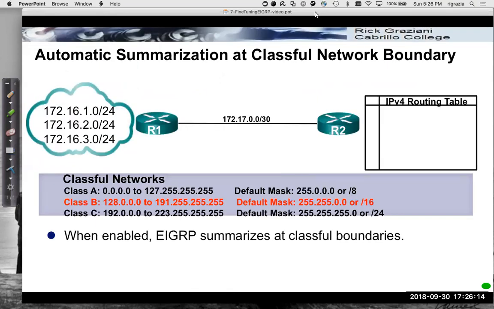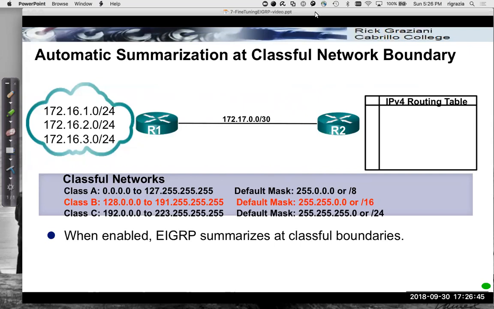Okay. So in the old days, we had class A, B, and C networks with /8, /16, and /24 masks. When EIGRP is enabled for automatic summarization, what happens is when we have subnets that fall under one of these classes, for example, the 172.16.1.0, 2.0, 3.0 /24 subnets are actually a class B network with a default mask of /16.